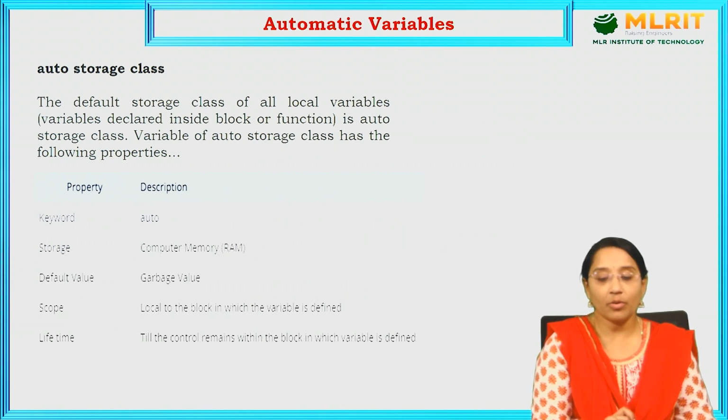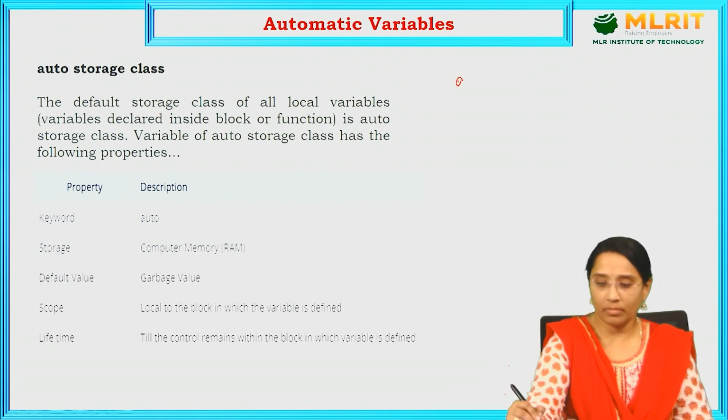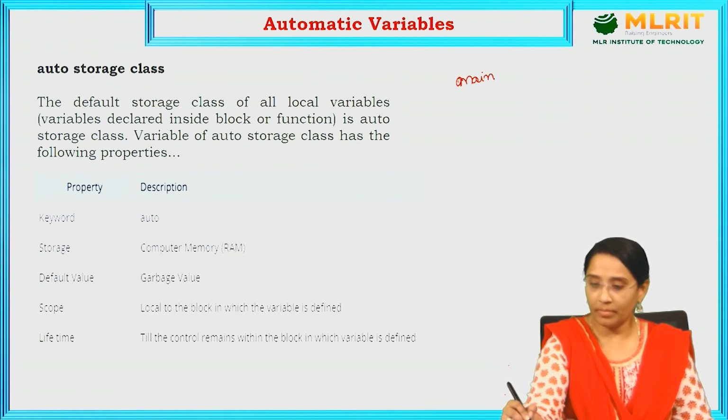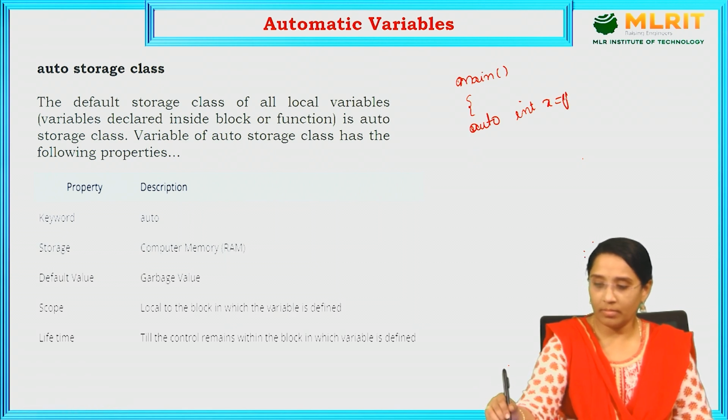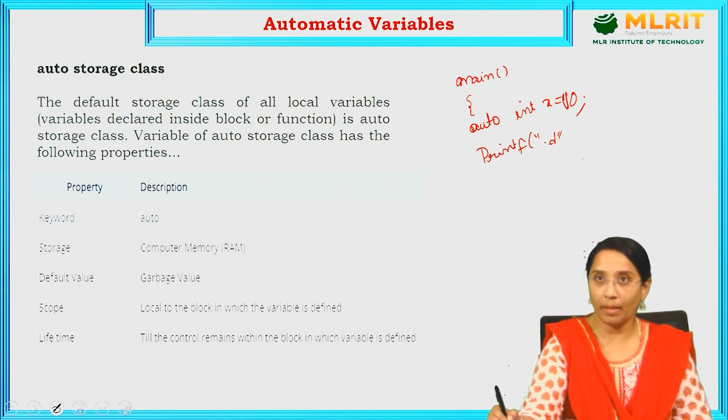So auto is the default storage class for all the local variables declared inside a block. Suppose a variable is declared in the main function as auto int x equals 10, and then printf %d comma x.